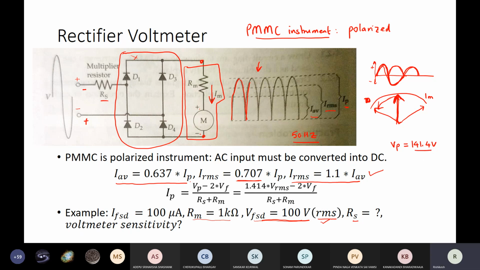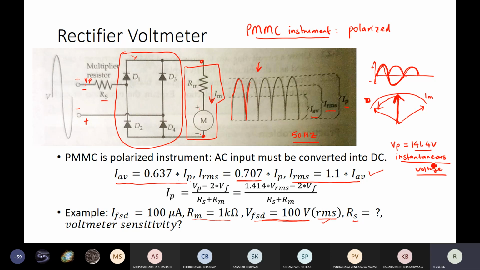Now this voltage is here. Now remember, this is instantaneous voltage. So we are calculating the values for instantaneous quantities, the reason being they should withstand the maximum value.